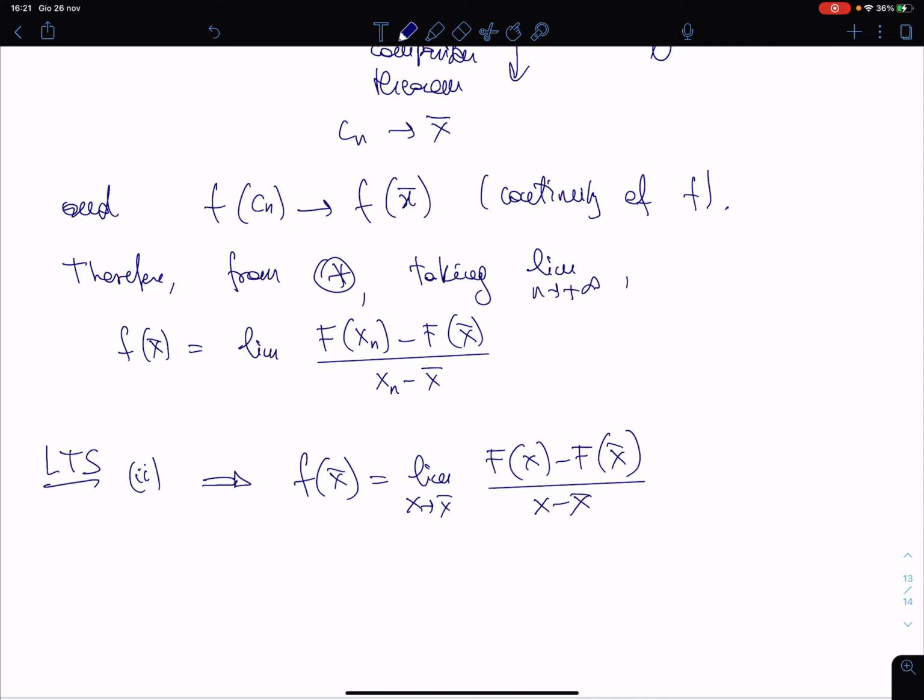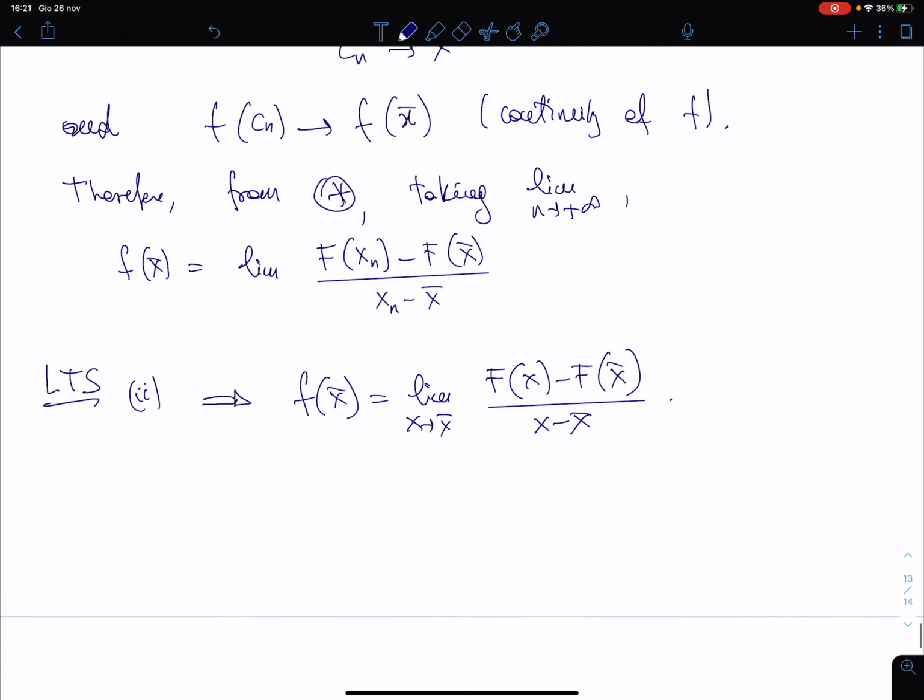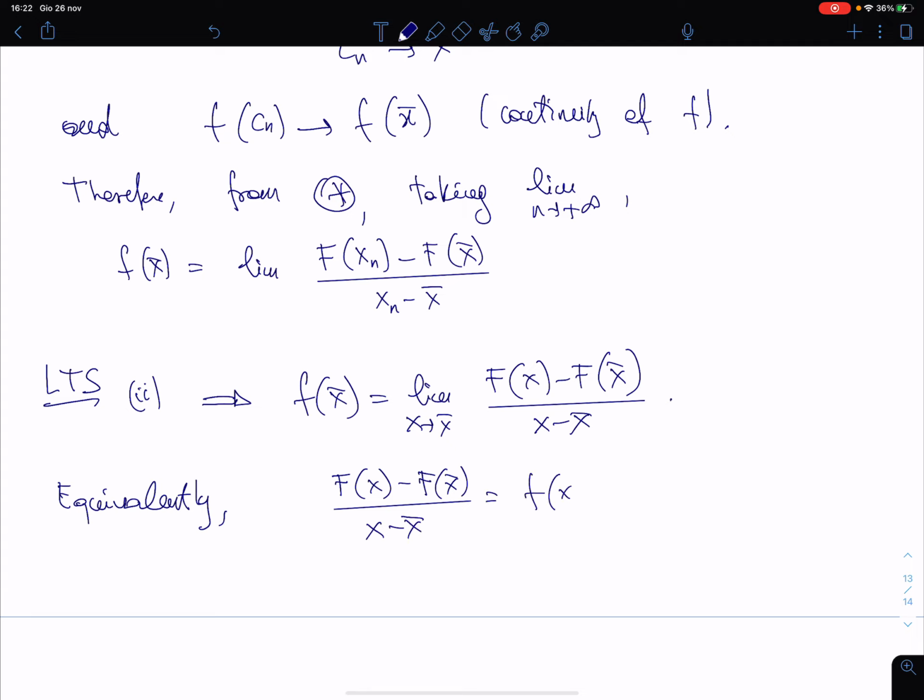Okay? And so this is the end, but we can also observe that equivalently, capital F of x minus capital F of x bar divided by x minus x bar is equal to f of x bar plus little o of 1 as x goes to x bar.